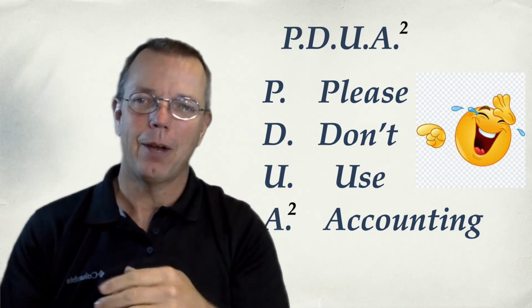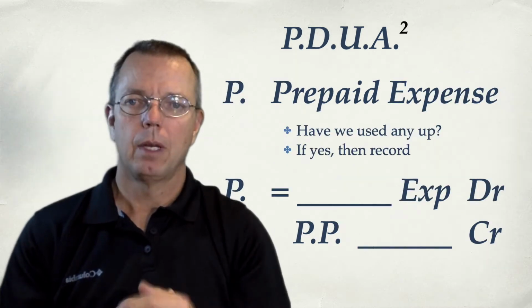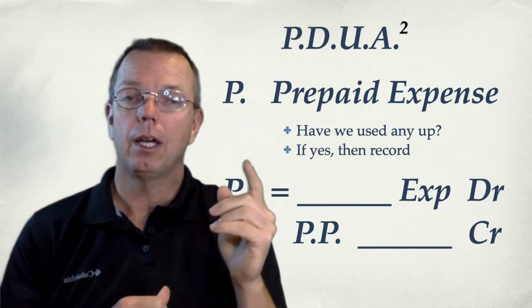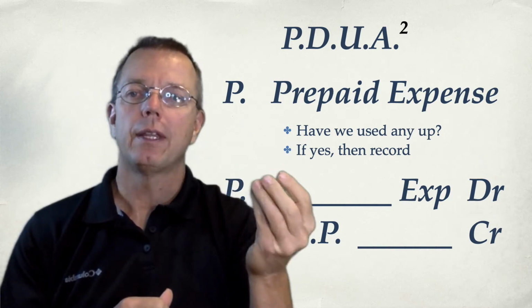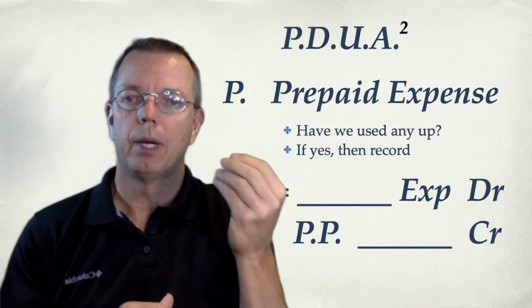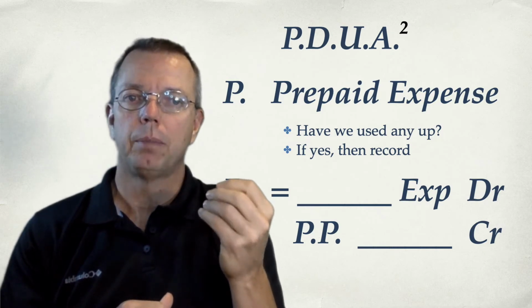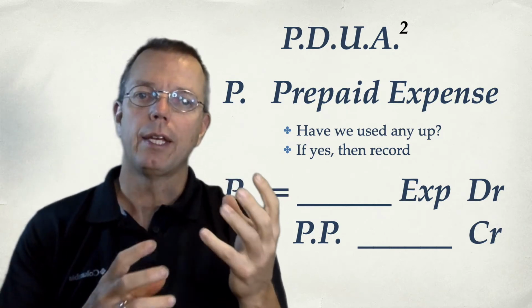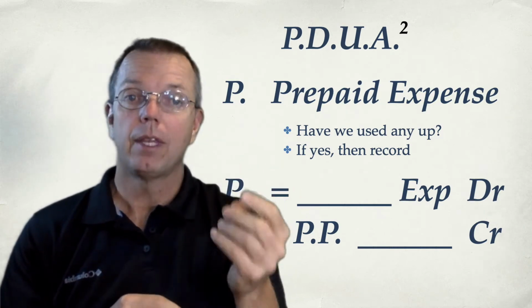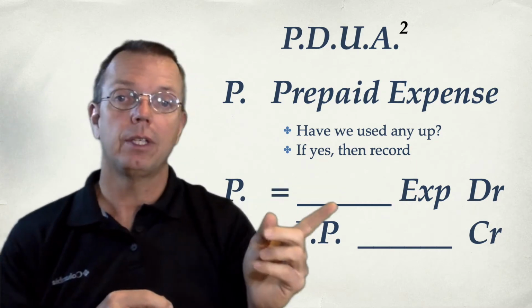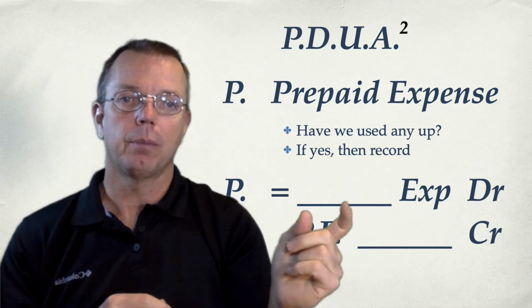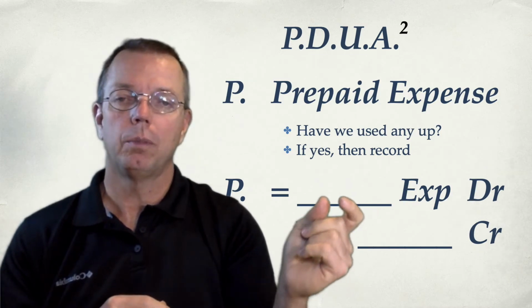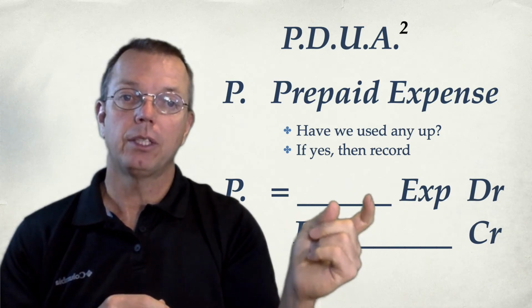So let's look at what the P stands for. Prepaid expense is what the P stands for. And this is when we're looking at whether we have used anything up. For example, if we have prepaid rent or prepaid insurance, have we used any up? And if we have, then we need to record it. These are the accounts right here. In the example I gave with the blanks, rent expense gets done first, right?